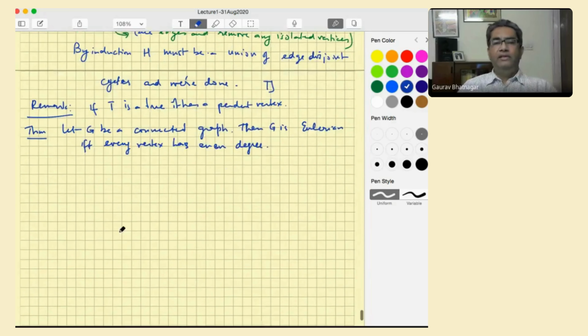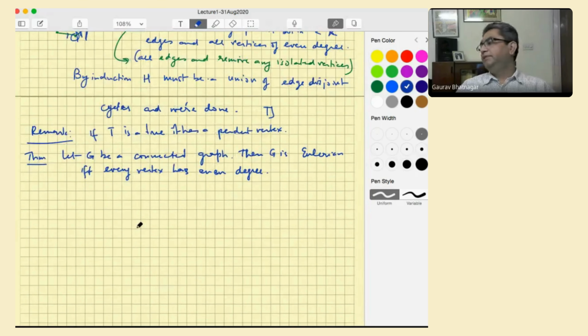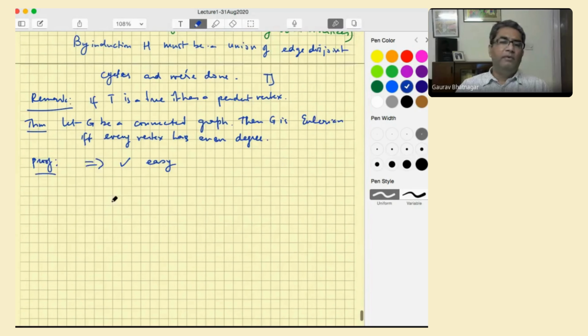So actually, Euler's theorem is more than the bridges of Königsberg. To say that the Königsberg bridges route doesn't exist is easy. So this side is easy, and this solves the Königsberg bridge problem. This is, I would say, obvious, which we discussed. But this side is more complicated, and that requires our theorem.